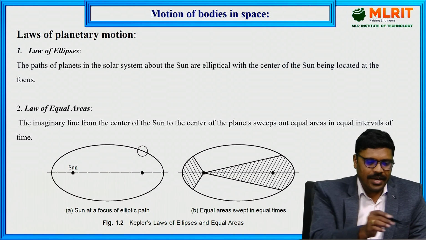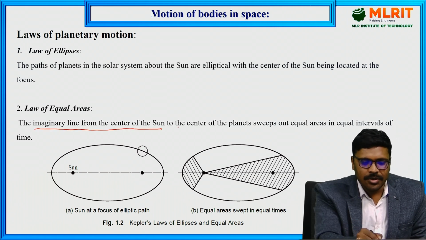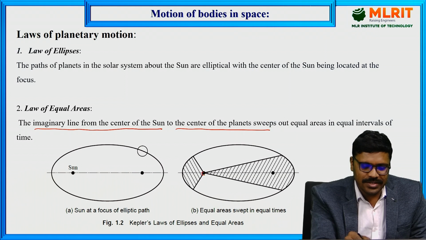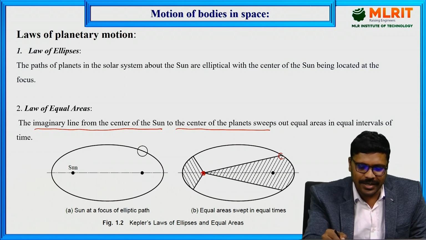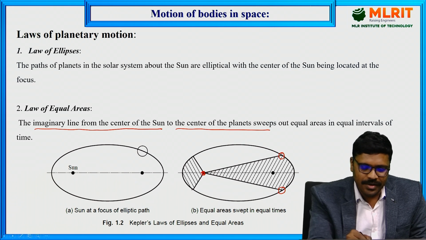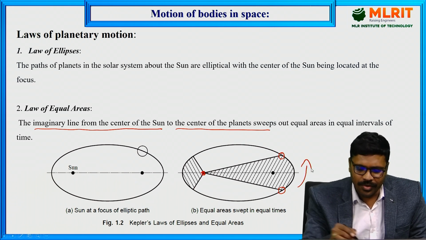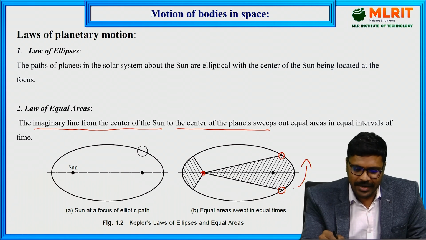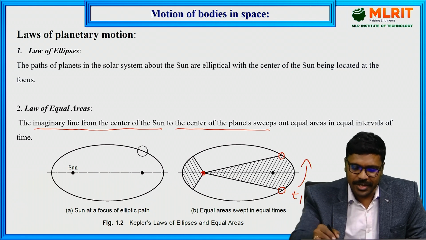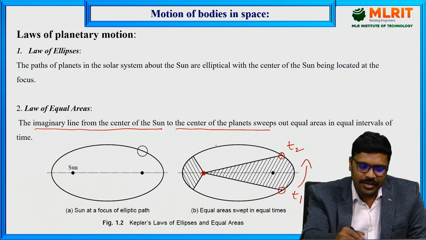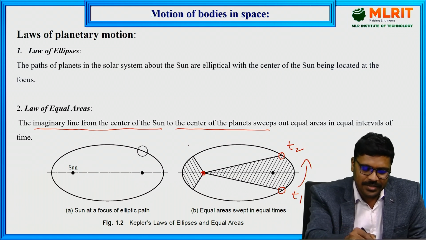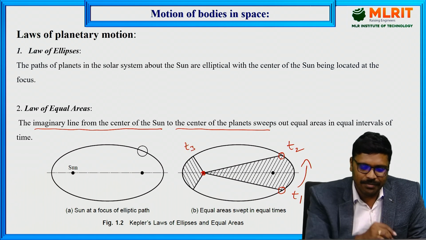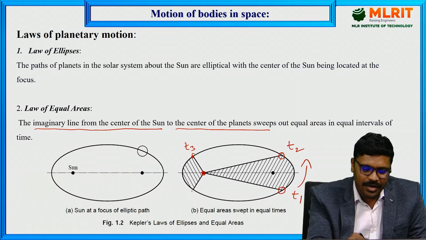If I consider this as the center of the sun, and one planet rotating in this direction, at time t1 the planet is here, after some duration it reaches the second position at time t2, then the third position at time t3, and then the fourth position at time t4.